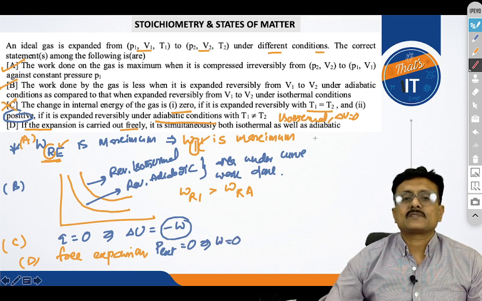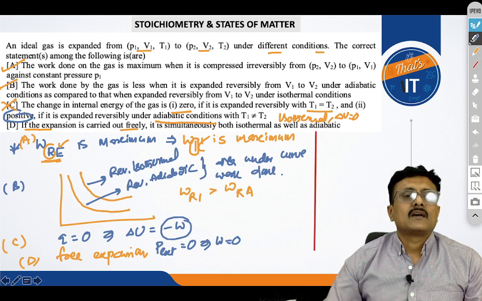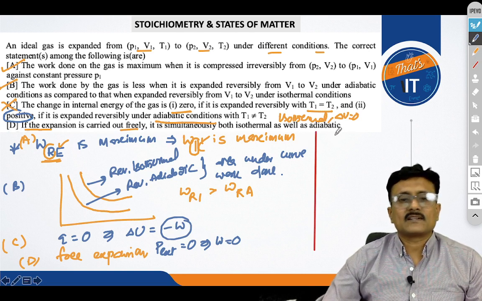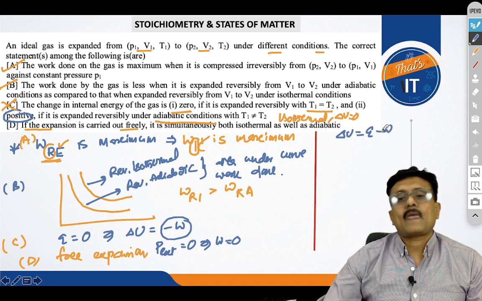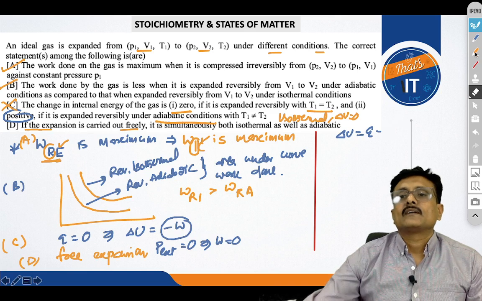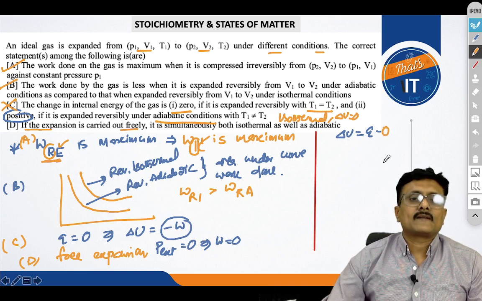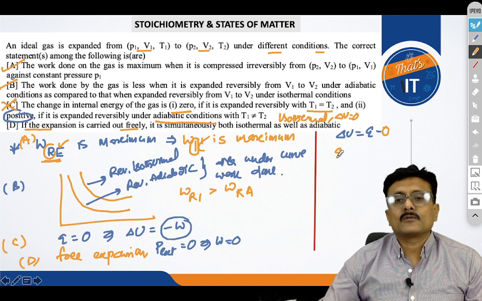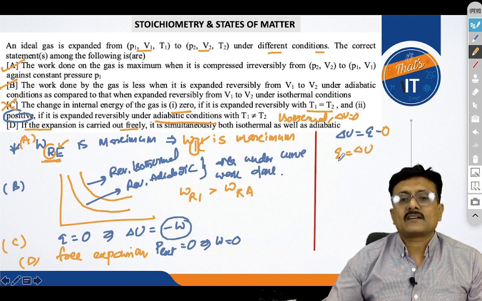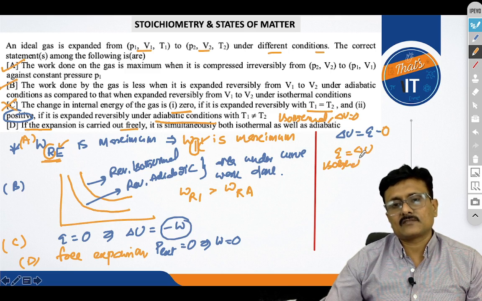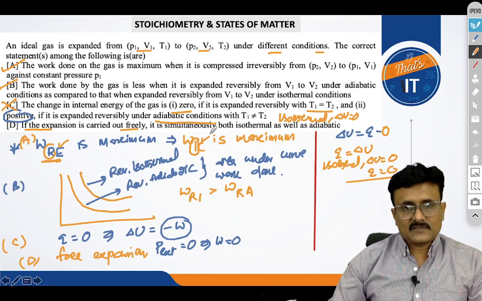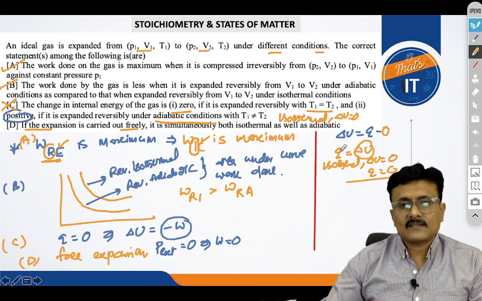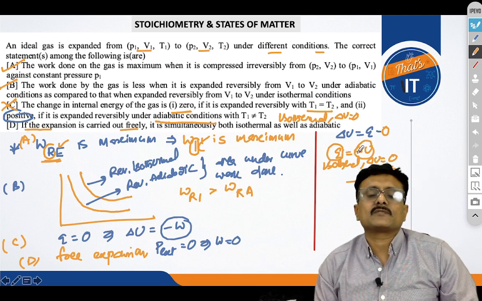Delta U equal to Q minus W, and since W is taken as 0, Q equal to delta U. That means if I take a situation where it is isothermal, that is delta U equal to 0, therefore Q is also 0. So when the expansion is carried out freely, it is isothermal as well as adiabatic, because both the values turn out to be the same.